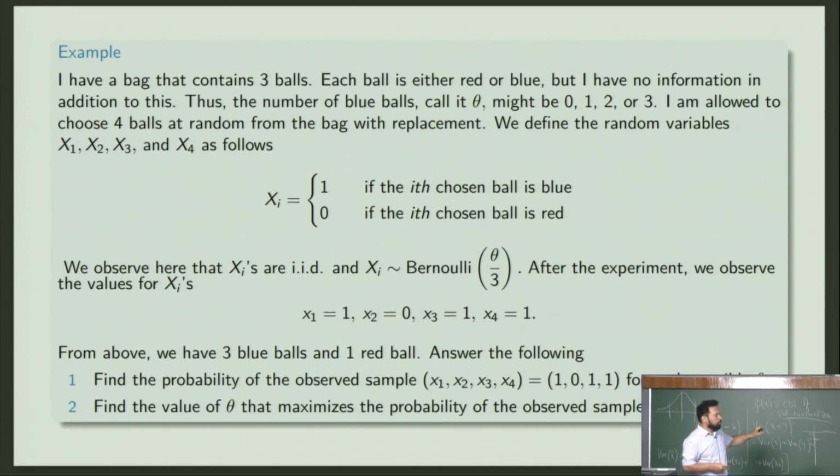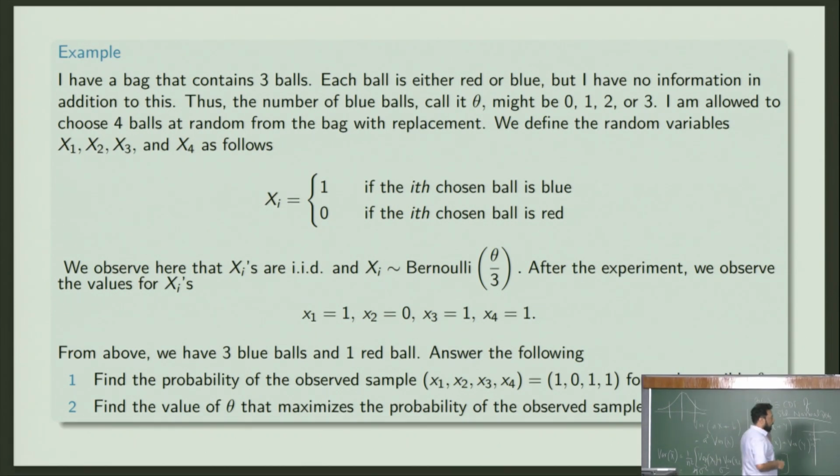From data, theta will be learned anyway, so I don't think that's the critical thing. So you can go with the assumption that your random variables xi behave like Bernoulli theta over 3. Obviously theta is not known, but what is known is the samples that you have. This is your data. You are allowed to collect the data, and based on the data you are supposed to identify this theta. This is called probability distribution fitting.